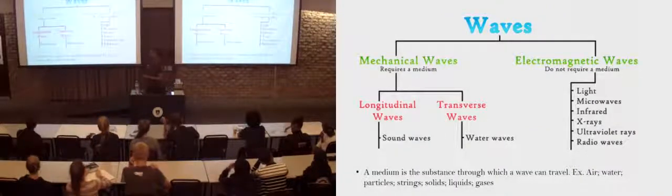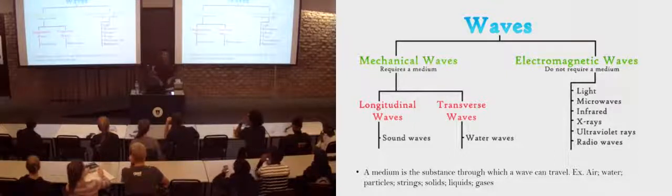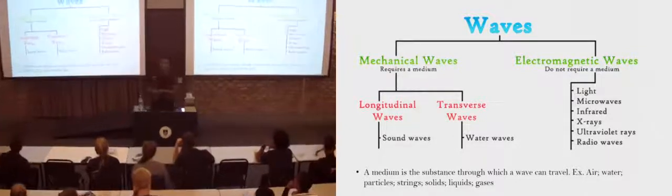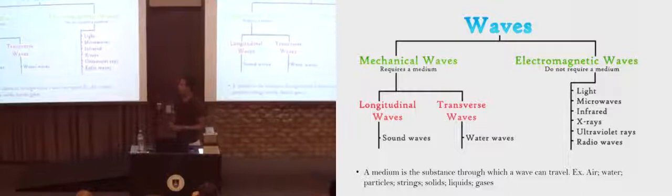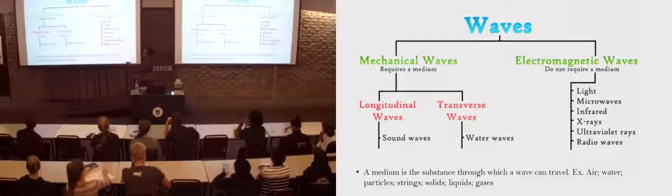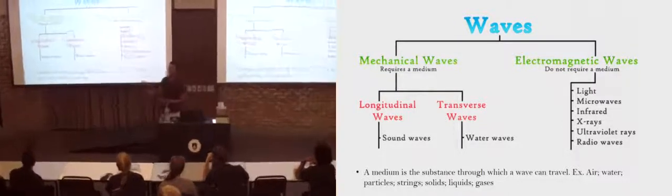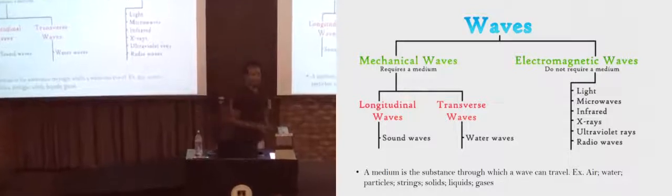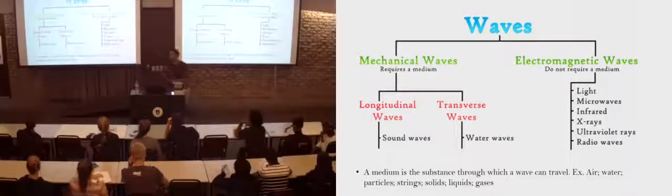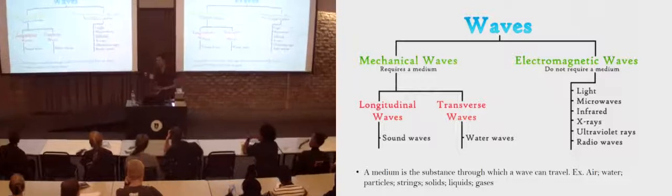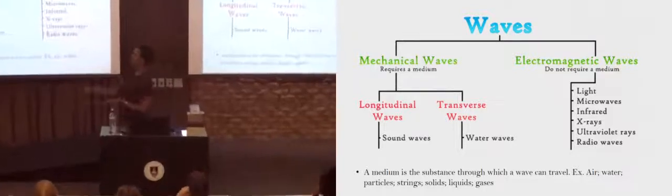Generally, waves can be classified into two, depending on the use of the medium. One is mechanical wave and the other is electromagnetic wave. The mechanical waves, as the name implies, require a medium to move from one place to the other place, carrying energy and transferring that energy.